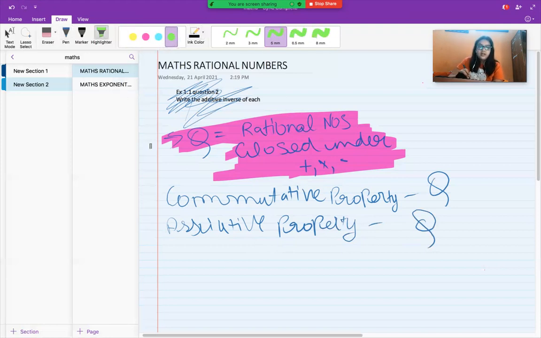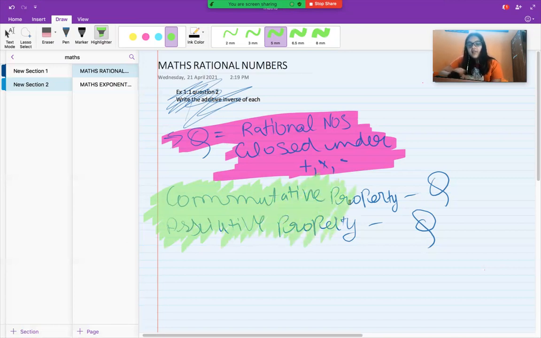Just highlight this also as they're important. And I'm very sorry for bad handwriting, because I'm using OneNote and my graphics tablet.